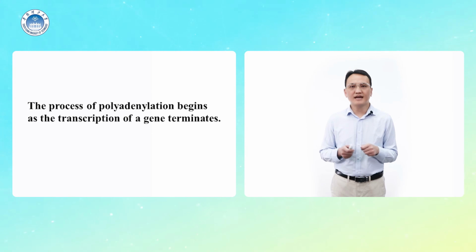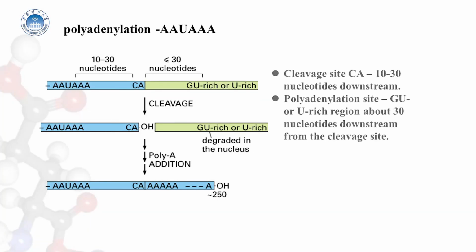The process of polyadenylation begins as the transcription of the gene terminates. The 3' most segment of the newly made mRNA is first cleaved off by a set of proteins. These proteins then synthesize the poly-A tail at the end of the mRNA.